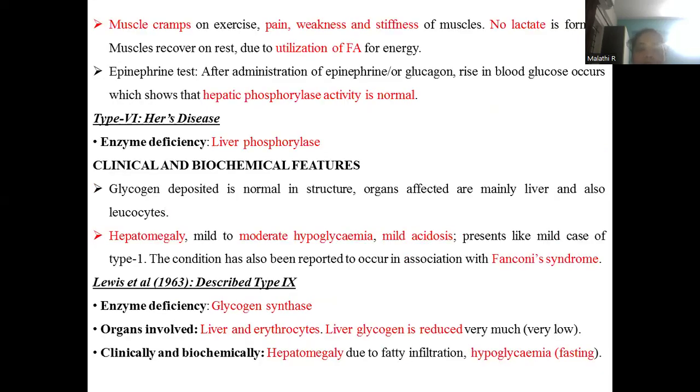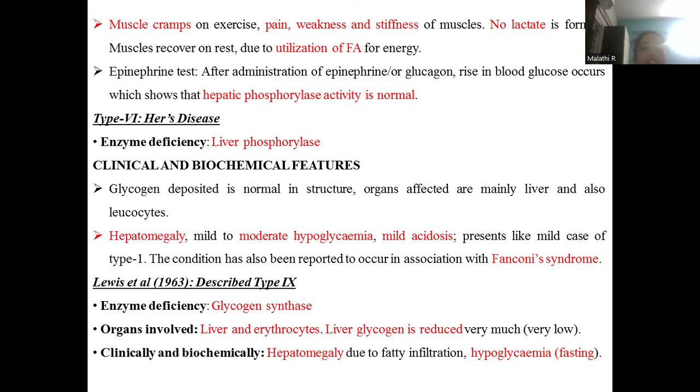Muscle cramps on exercise, pain, weakness, and stiffness of muscle are also seen. No lactate formation. Muscle recovers on rest due to utilization of fatty acid for energy. Epinephrine test: after administration of epinephrine or glucagon, a rise in blood glucose occurs, which shows that hepatic phosphorylase activity is normal.